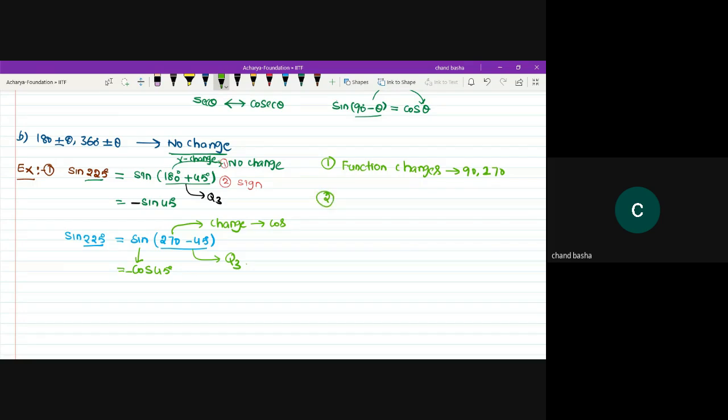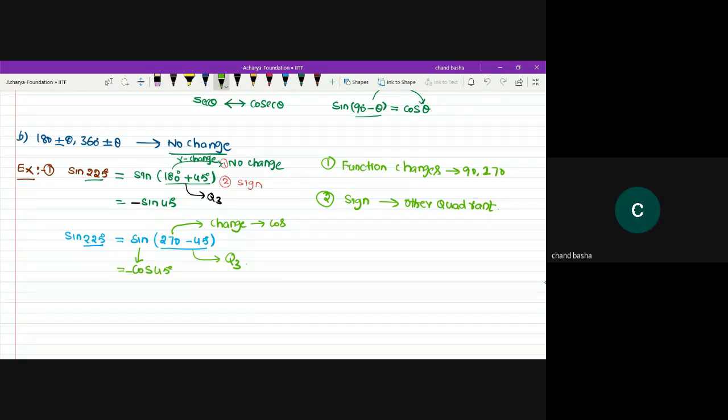Second point: the sign changes. If you have entered other quadrants, since the sine quadrant is only the second, if you are entering quadrant number 3 and 4, your sign changes. Plus will become minus.